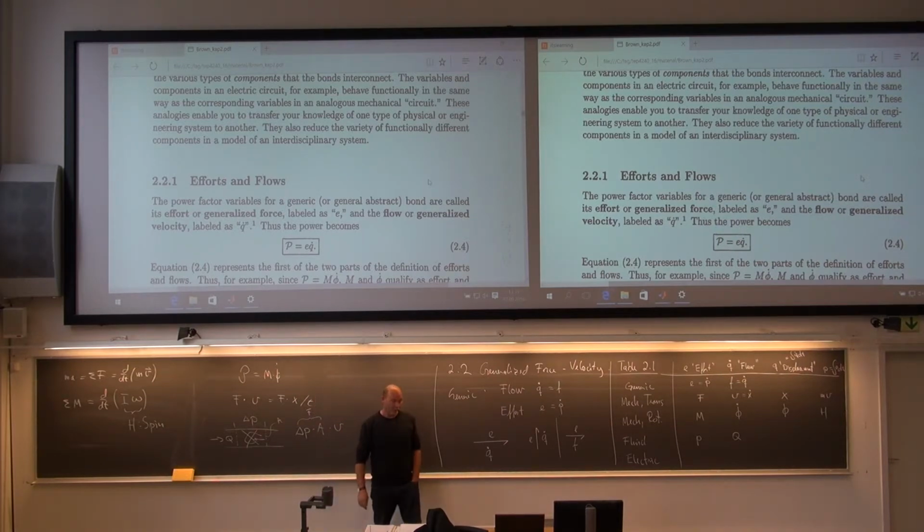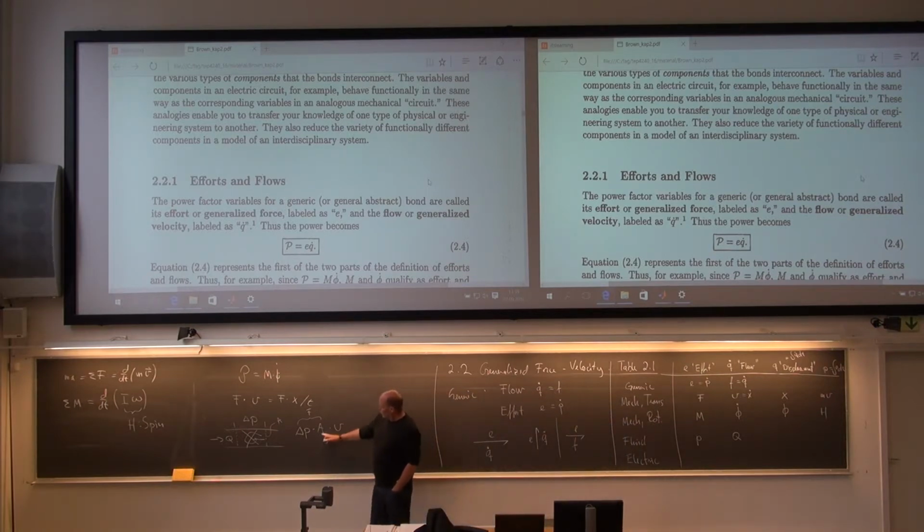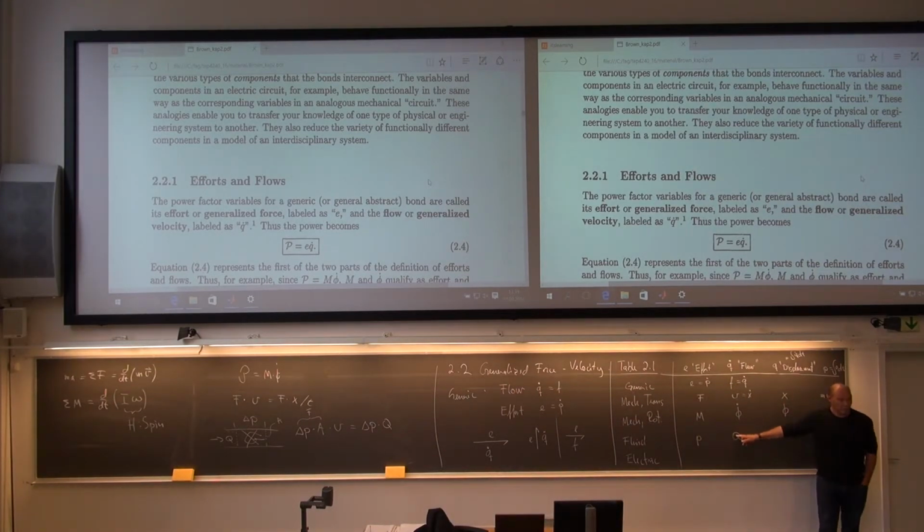Well, that must be a velocity for the liquid inside the pipe. Okay, but A multiplied with that velocity, area times velocity, that is the same as a volume flow. Yes. So the product here, pressure times volume flow, will give you power. So it's okay.